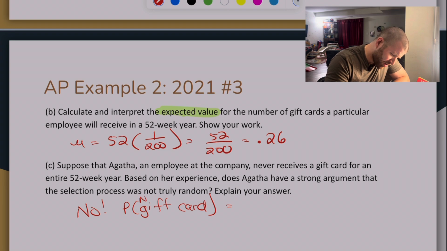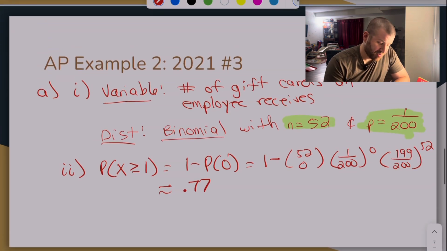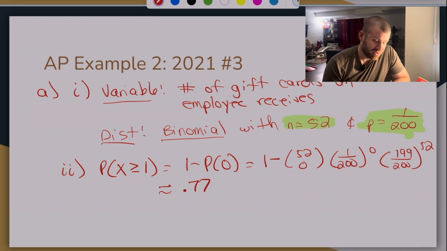Probability of no gift card is low. Also, the expected value is 0.26, which is less than 1. You can use either of those calculations to justify your answer. From the scoring guidelines, you can either use the expected value or the probability that you calculated up here of receiving at least 1.